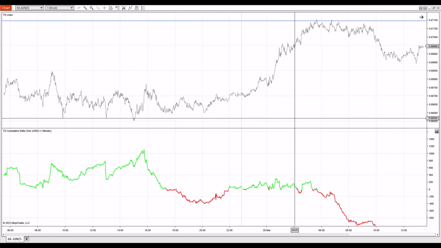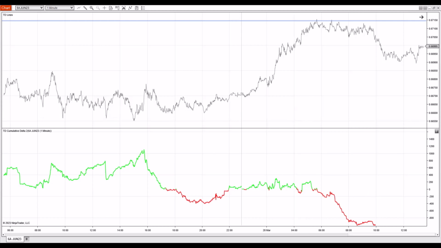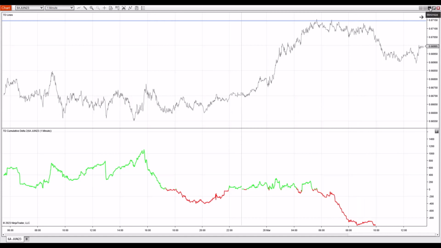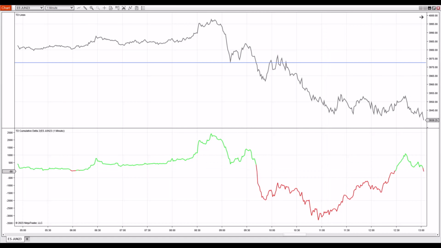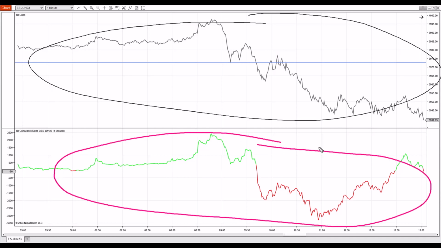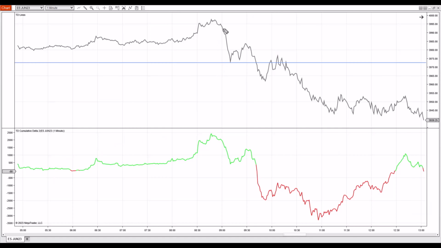Now, let me give you one more example, and that example is going to be on the ES, which is futures for the Standard & Poor's 500 index. So, in here, there is a 1 minute price chart. Below that, 1 minute cumulative delta chart. And imagine this scenario.